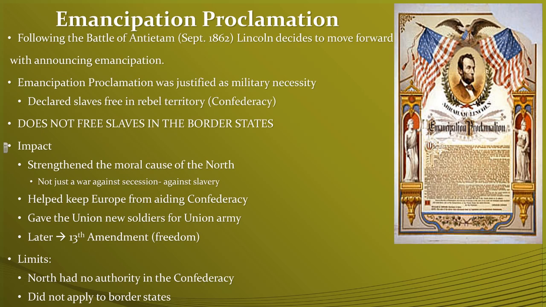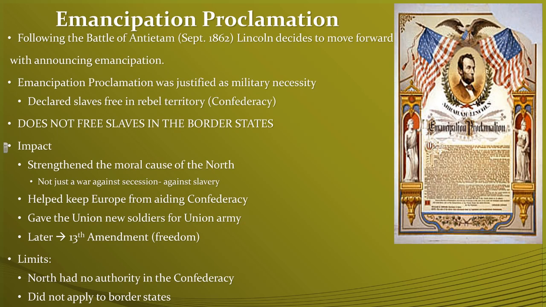Halfway through, about 1863, after a huge win at the Battle of Antietam, you're going to see the Emancipation Proclamation issued by Abraham Lincoln. The misinterpretation is that everybody thinks this is what frees slaves. That is not true. It does not free slaves in the border states. Remember, the border states had slaves in them, and a lot of people forget that when talking about the North versus the South.